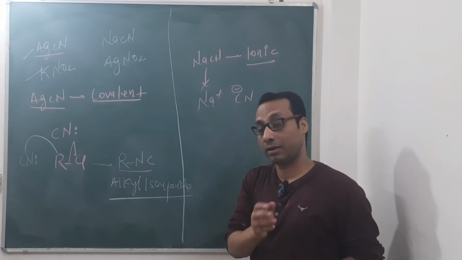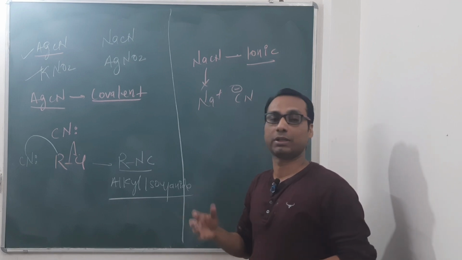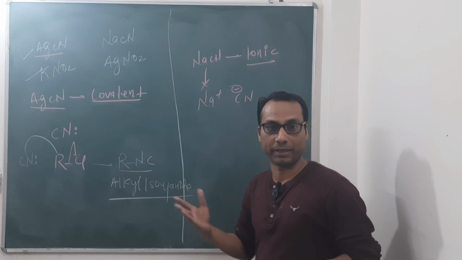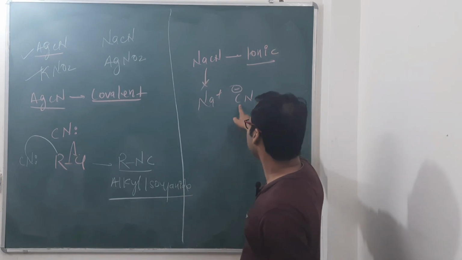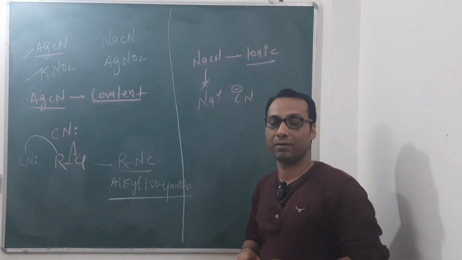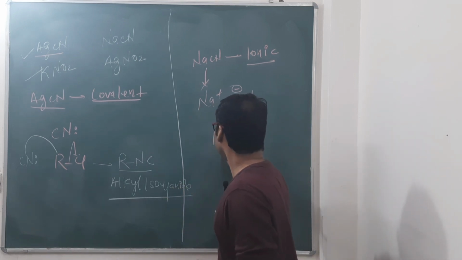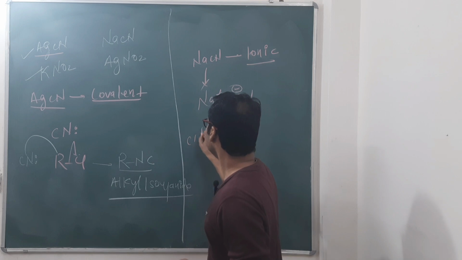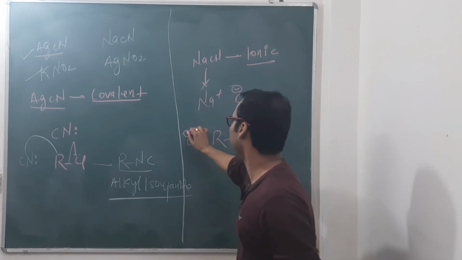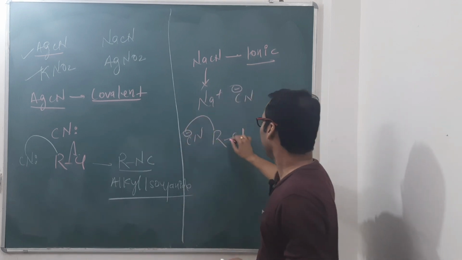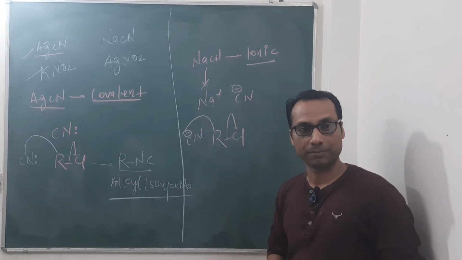And as you are aware, a negative charge and a lone pair both can be in nucleophiles or bases. So the CN, it means the carbon attacks on the alkyl halide. So when we take R-Cl and CN is here, the carbon position will attack on the alkyl group and the halogen will leave the position.